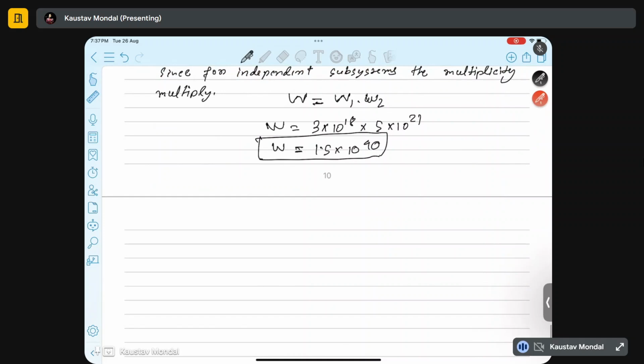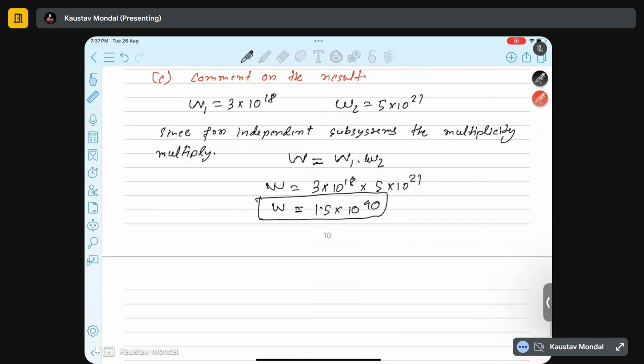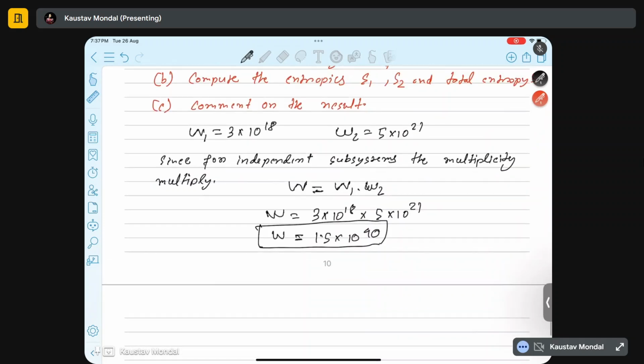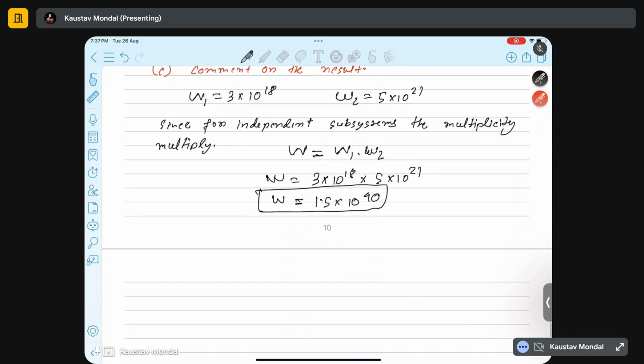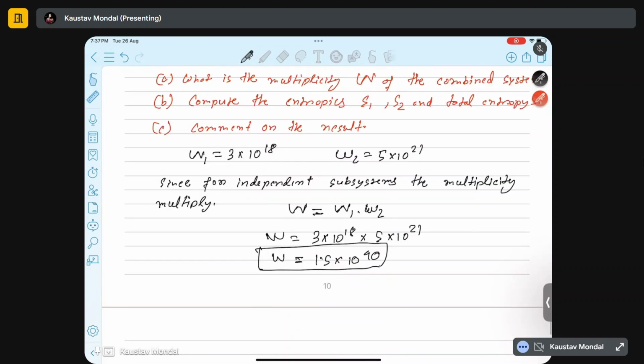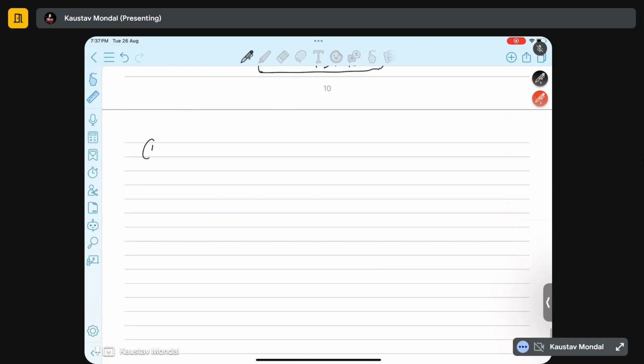Now the next thing asked is to calculate the entropy. First we calculate it for the subsystems, then for the total system. For subsystem 1, the entropy S1 is Kb into ln W1, with W1 being 3 into 10 to the power 18.